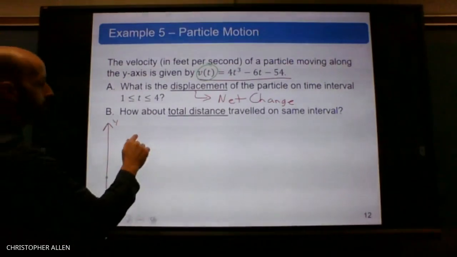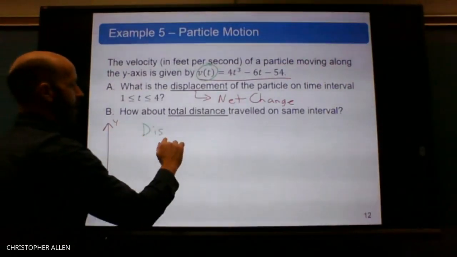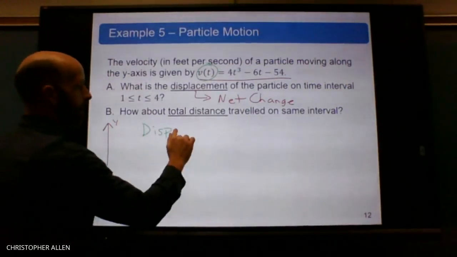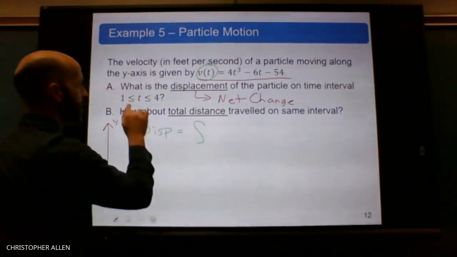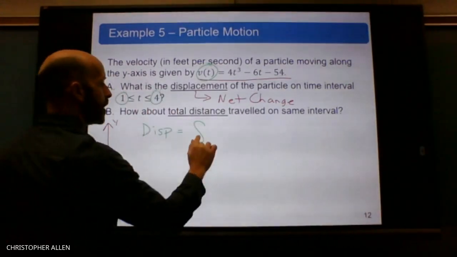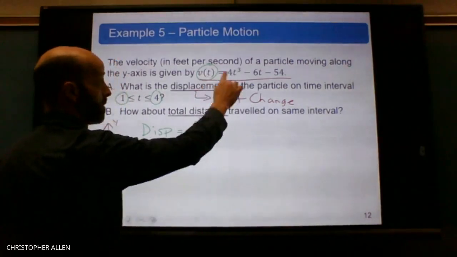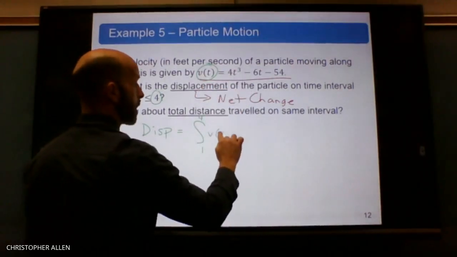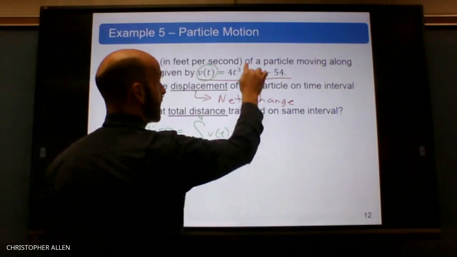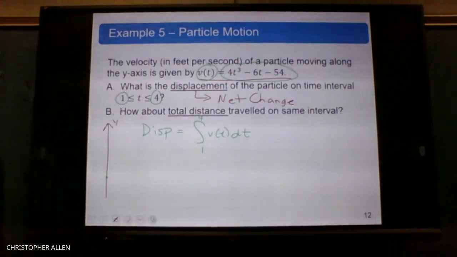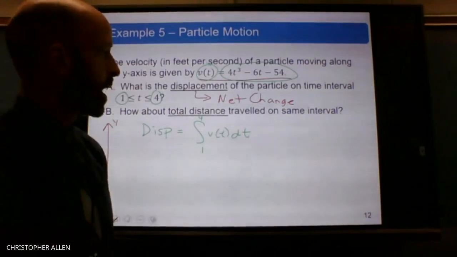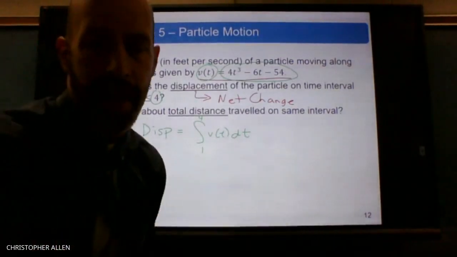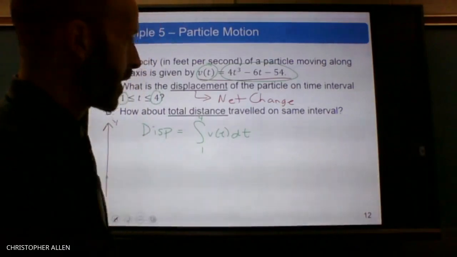So all I need to do for displacement, I'll just abbreviate it as DISP, is equal to the integral from 1 to 4 of V of t dt. Now, guys, this is V of t. I'm not going to write it in there. Do you guys mind if I just skip the step where we figure out how to get that answer?